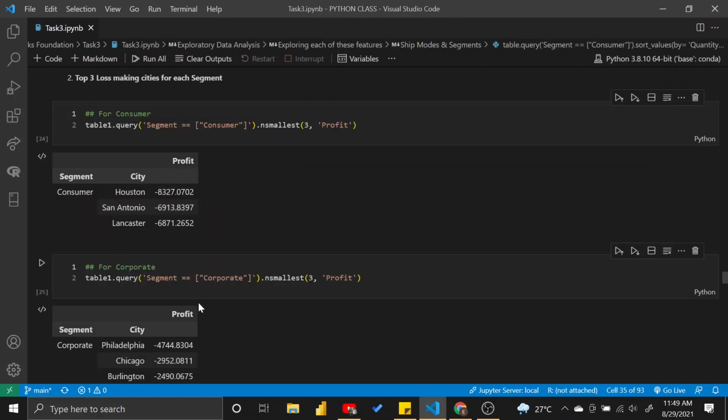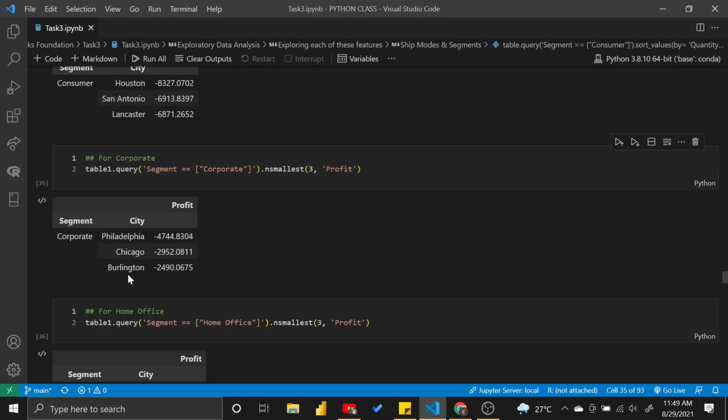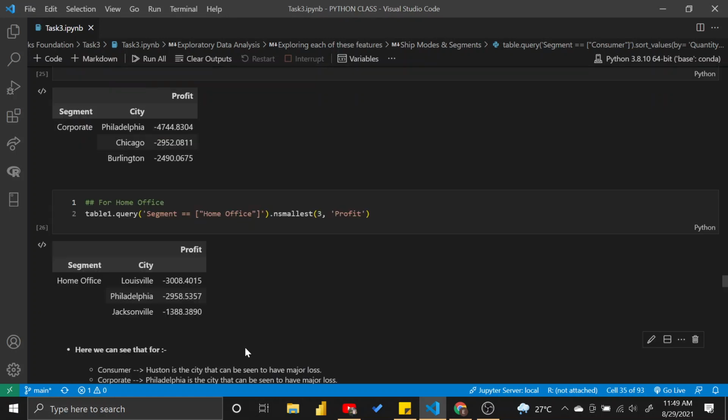That's for consumers. Now for corporate, I have Philadelphia, Chicago, and Burlington. And for home office, I have Louisville, Philadelphia, and Jacksonville. So for each segment we have three each, but there might be some common. Those cities are some place that I can focus on or I can make better.